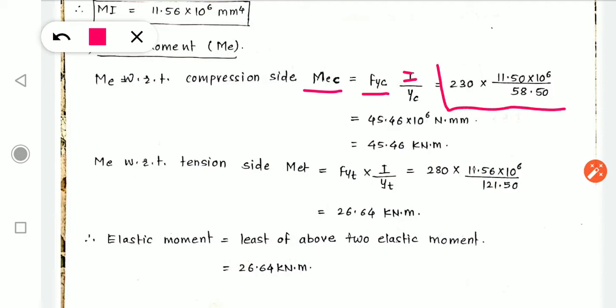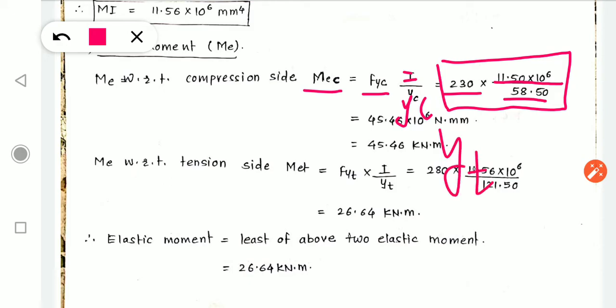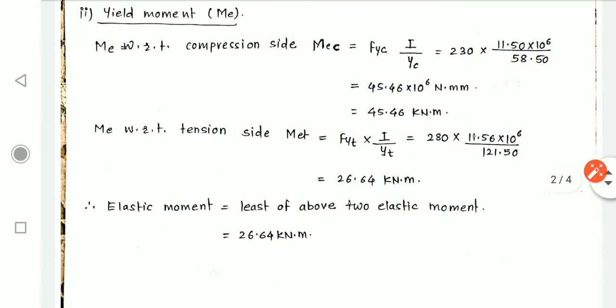I put the values: 230 is mentioned in the question, and I of the section divided by YC. For the YC, I have taken YT because compression lies in the upper part of the T shape. Simplify it, you will get the answer as 45.46 kilonewton meter.